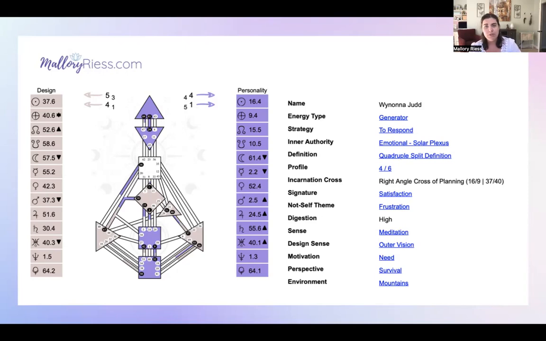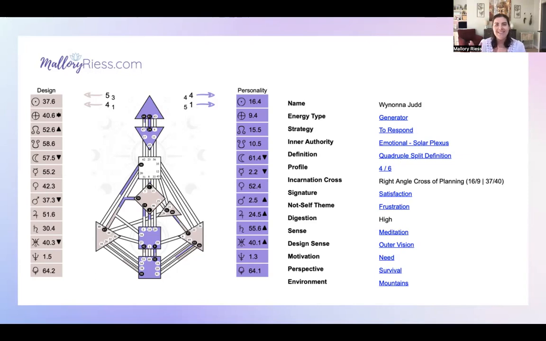And it's in purple, which means if I look over on her personality column, I notice that top number says 16.1, and then it has the solar symbol, the circle with the dot in the middle. So that's where that maps to. Gate 16 is activated because at the time of Winona's birth, the sun was in the 16th gate. And the number after the decimal means the line number.